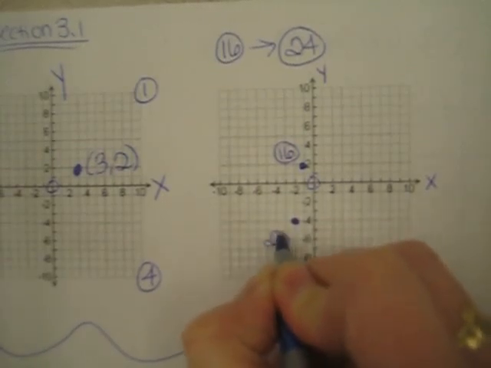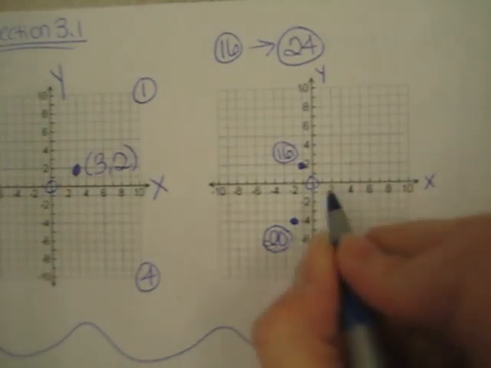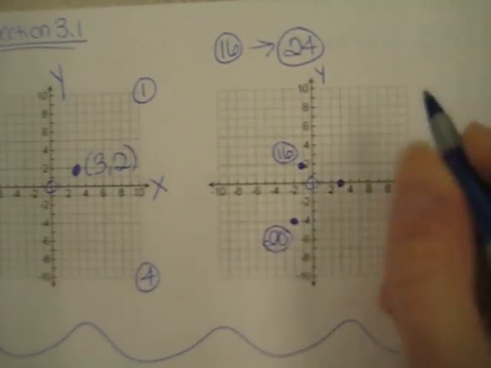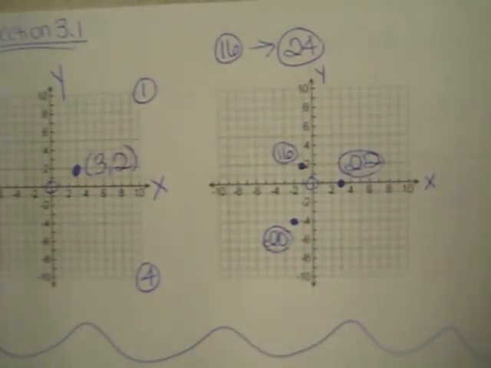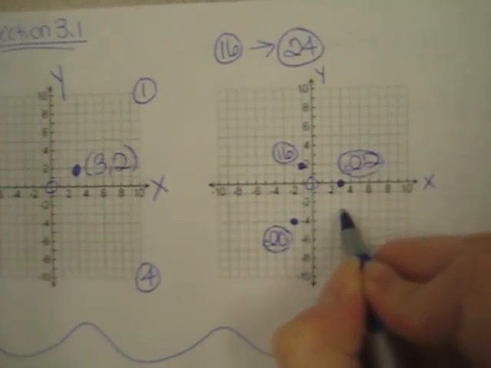So there's number 20. 22 is 3, 0. So x is 3. Y is 0, that means I don't go up or down, I stay right along the x-axis. So there's 22. And then 24 was 3, -3. So 3, -3.